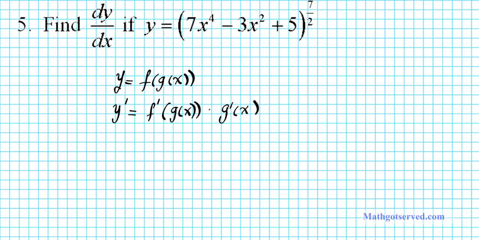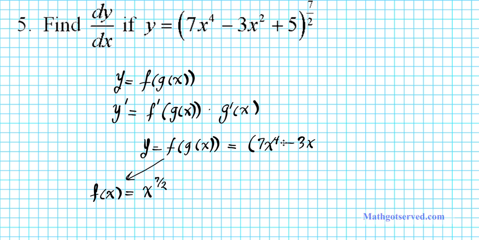Okay, now let's go ahead and decompose our functions so we know what the derivative of the outer and inner functions are. So if you extract, f of x is x to the 7 over 2. Let me write down what the function is. The function is 7x to the 4th minus 3x squared plus 5 raised to the 7 over 2 power.